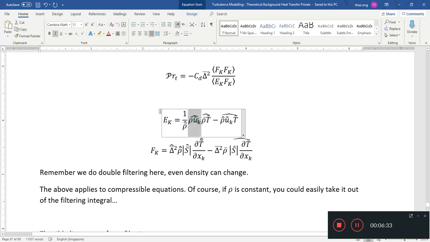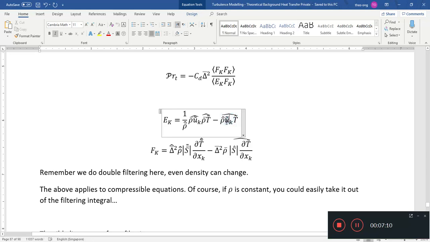A slightly different way to filter, especially for compressible flow. So you multiply these two filtered quantities together, then filter them again, so you have rho times T, singly filtered each, then filtered again, and then you subtract the doubly filtered density, with your velocity and your temperature, both singly filtered.